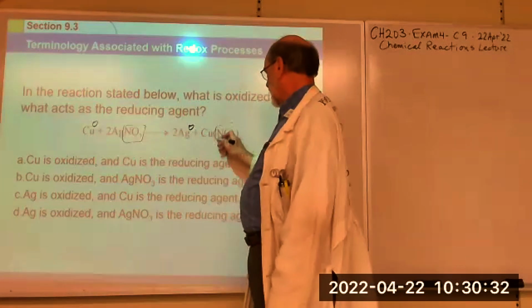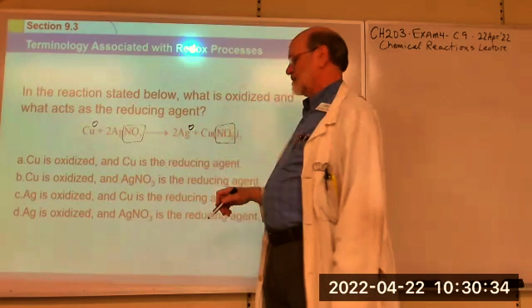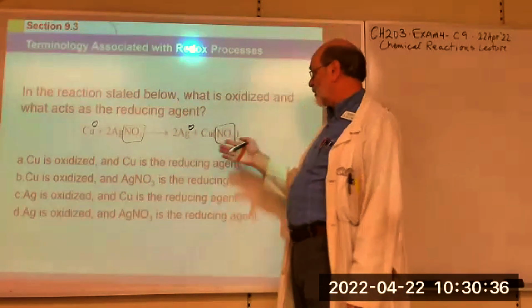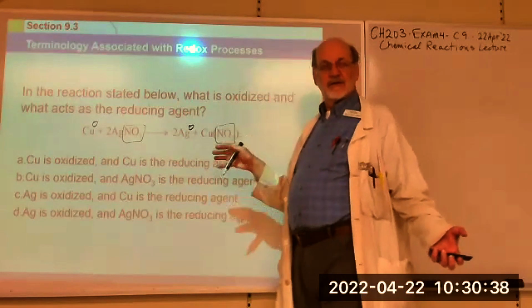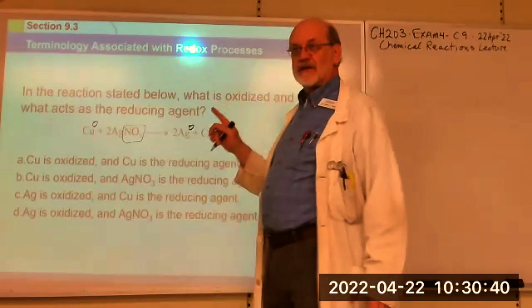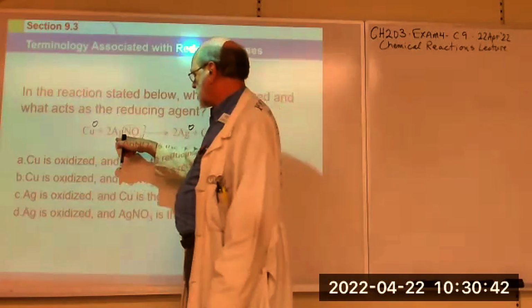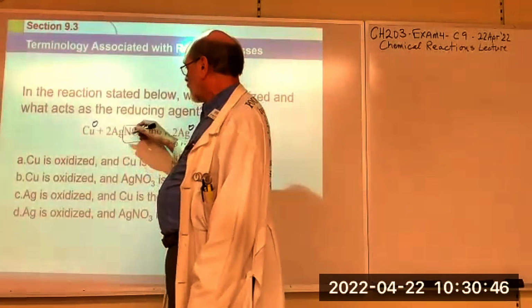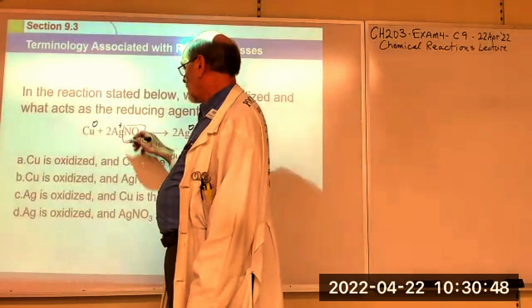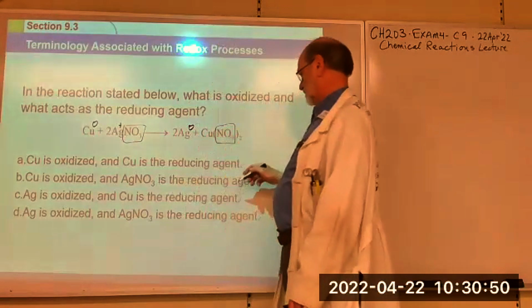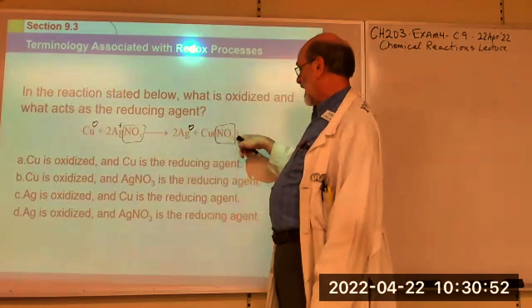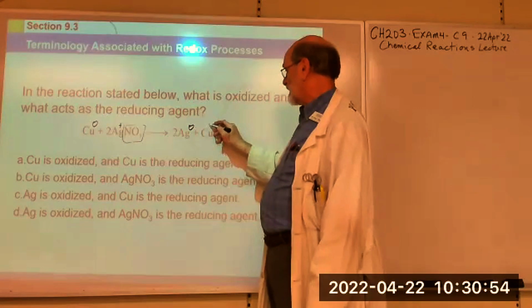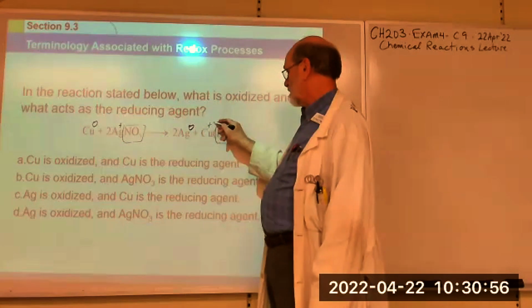It's the same on both sides. So we don't have to deal with the nitrate at all. All we have to do is look at the metals. So what is the charge on this one? Well, nitrate is a -1, so this silver has to be a +1. Nitrate is a -1, and we got 2 of them, so this one has to be a +2.